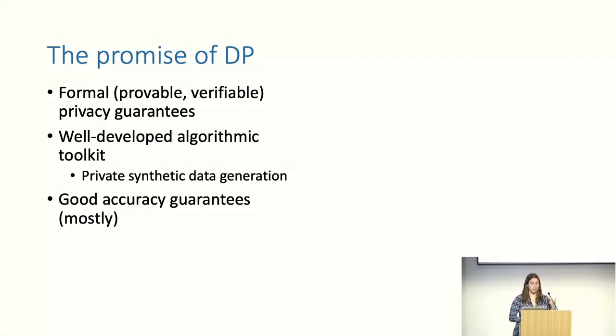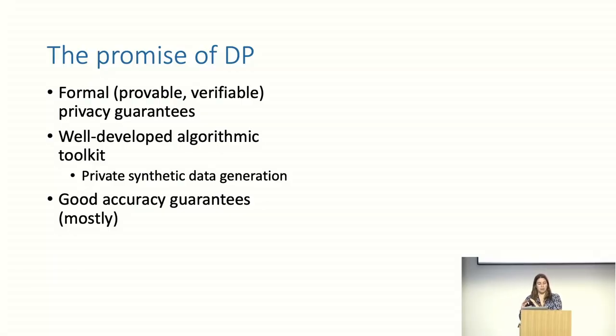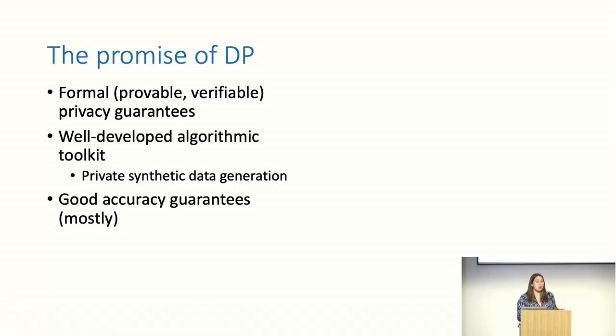I want to call out in particular private synthetic data generation, where you can take in a data set that requires privacy, do some algorithmic stuff, and you'll get out a new data set that can be used and will have these formal privacy guarantees, which is very, very desirable. And we have great accuracy guarantees. I say mostly because this is an active research area and we're always improving, but for the most part and for most things you want to do, algorithms perform well.